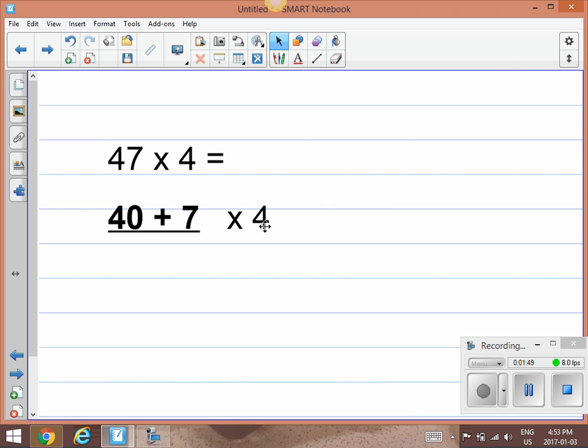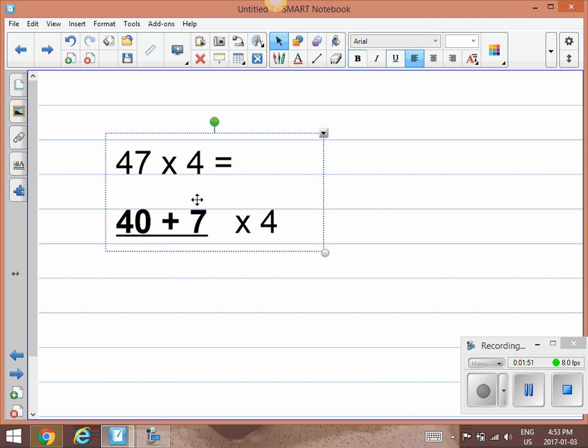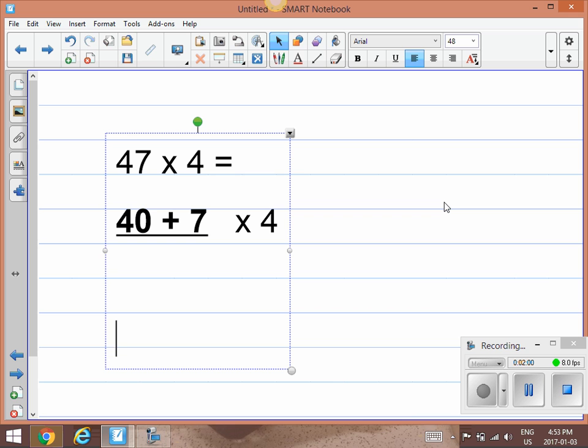So since this is 40 plus 7 times 4, what we can do is the same strategy as multiplying multiples of 10, because 40 times 4 we already solved, was 160.